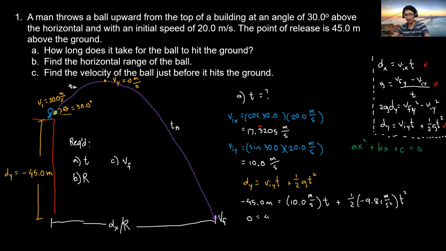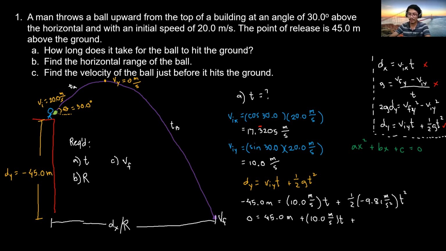Transpose natin sa 45 doon sa kabila. So, positive 45.0 meters plus 10.0 meters per second T. So, open ko na lang ha. Plus, what is 1/2 of 9.81 divided by 2? That is 4.905.